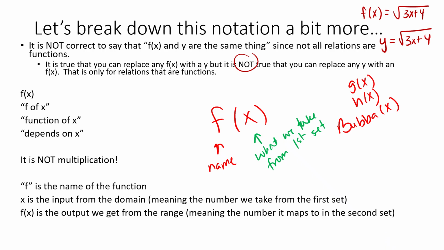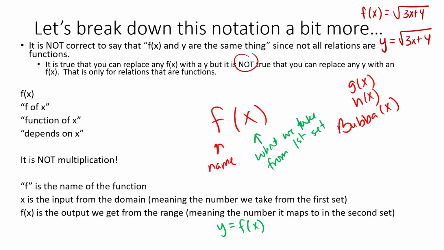And f of x is the output we get from the range, meaning the number it maps to in the second set. So that's why a lot of times you'll see that y is equal to f of x, just indicating the second set.